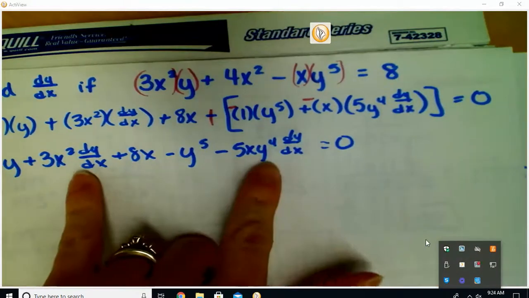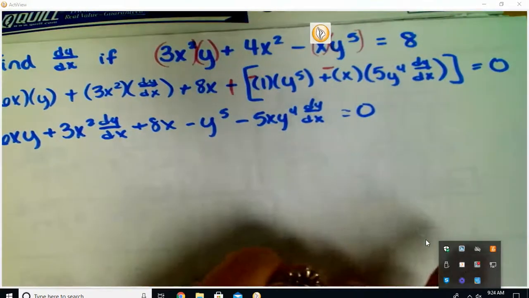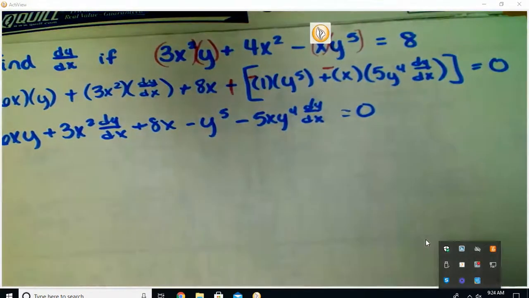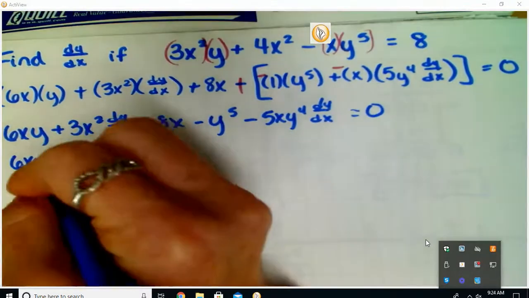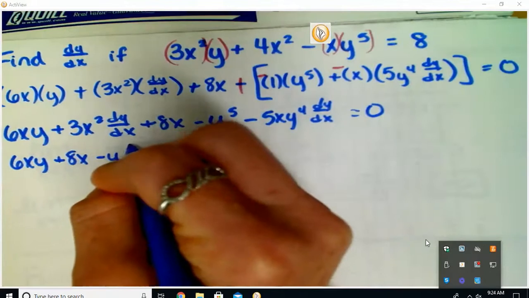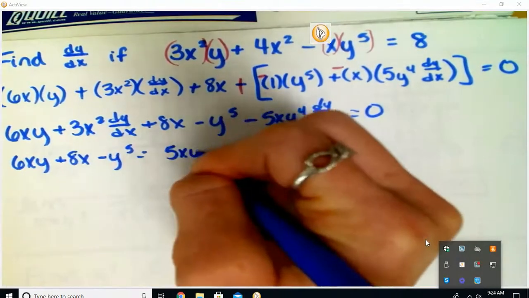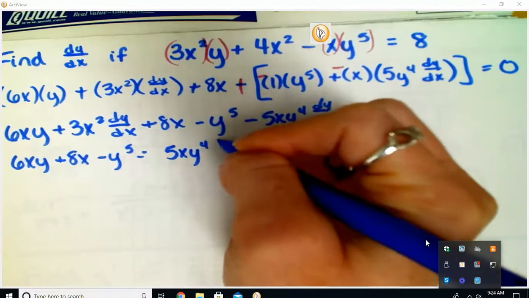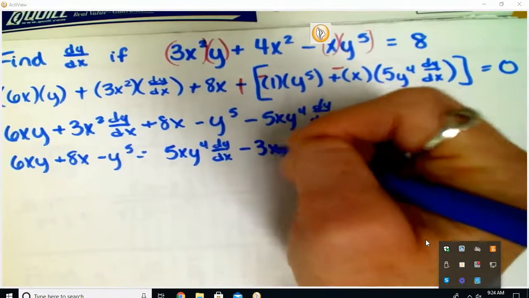Then you need everything with the dy/dx on one side and everything without it on the other. So I'm just going to move over my 2 dy/dx terms and leave everything else. So if I add over this one, subtract over that one.